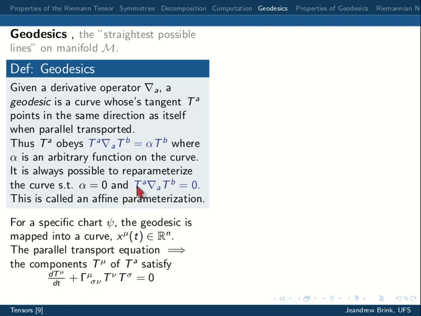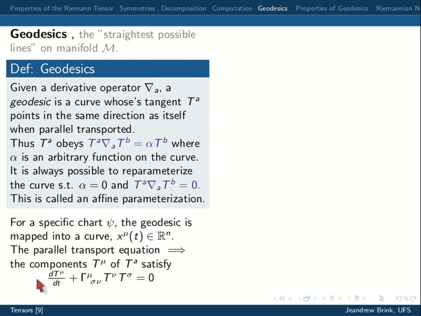So we have t^mu applied to the gradient of t^mu. It's simply d/dt times gamma^mu_{alpha nu} contracted with t^alpha t^nu.